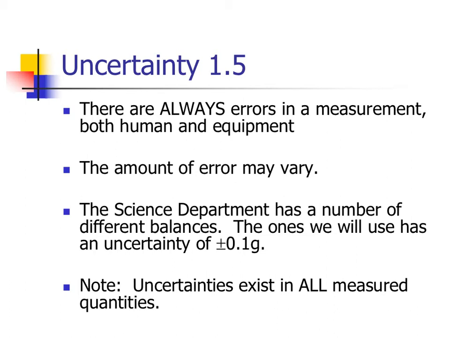Our science department has scales or balances that measure plus or minus 0.1 grams. So you are limited in the mass just by that inherently. The scale is a limiting factor. Getting scales that went farther out costs money. And according to Biggie Smalls, more money, more problems.